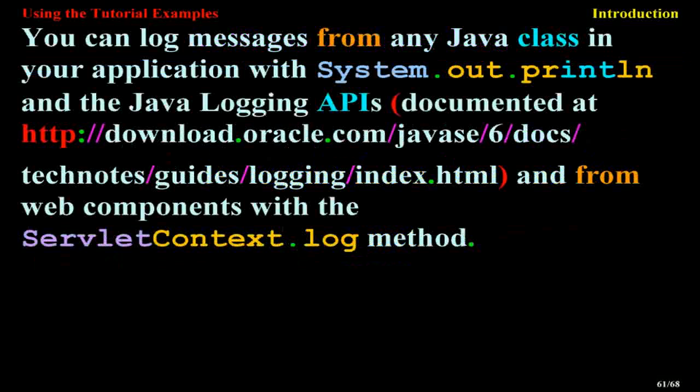You can log messages from any Java class in your application with System.out.println and the Java logging APIs documented at http://download.oracle.com/javase/6/docs/technotes/guides/logging/index.html, and from web components with the ServletContext.log method.